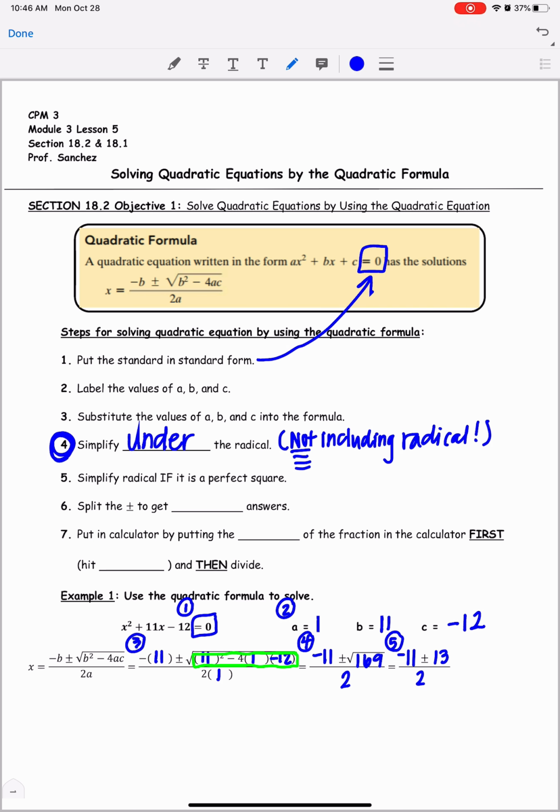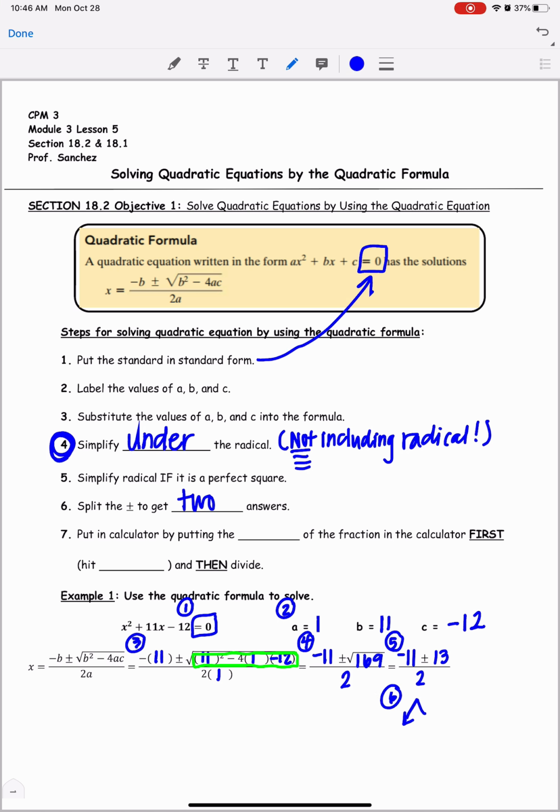Now step 6, we're going to split the plus or minus to get our 2 answers. So remember, because this is an x squared, that squared tells me I have 2 answers. And those 2 answers come from that plus or minus. So my step 6 is to split this up. And I don't think I'm going to have enough room to do it that way. So I usually like to split it up like this. But I'm going to split it up down here.